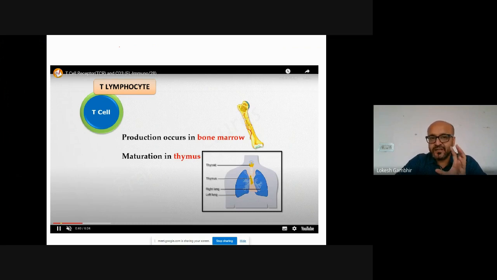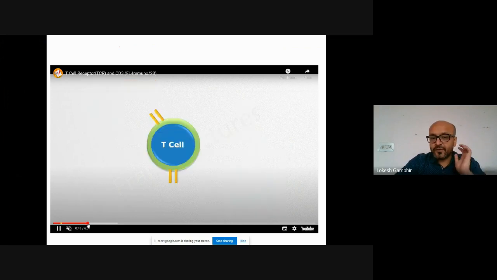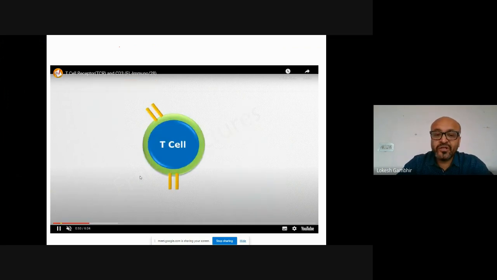That is a basic understanding you should always have in the back of your mind. The maturation comes into the picture in terms of the receptors expressed on the surface. If you see, we have expressed two straight lines in the form of receptors, and these two are nothing but the chains I discussed in the previous slides, the alpha and beta chains.